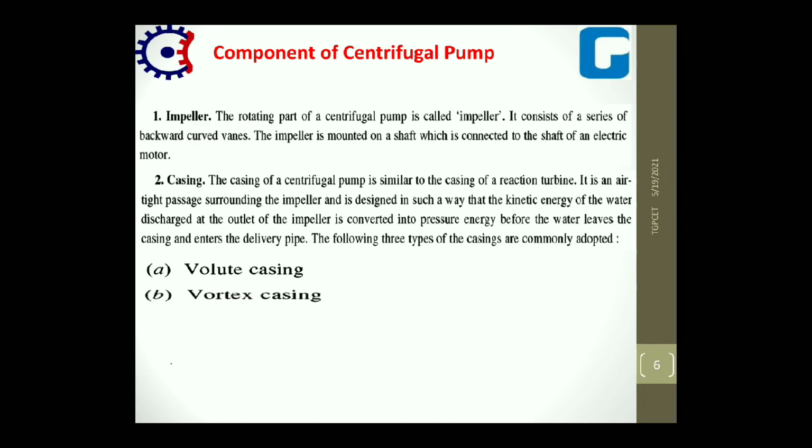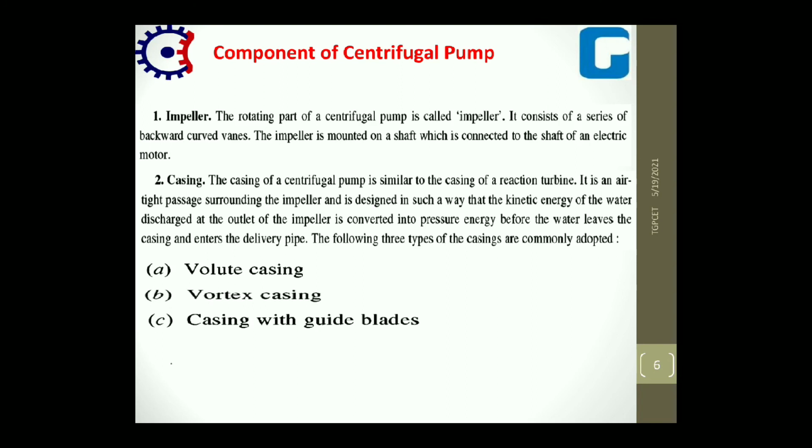Now third is our casing with guide blades. In this casing the impeller is surrounded by a series of guide blades mounted on a ring which is known as diffuser. The guide vanes are designed in such a way that the water from the impeller enters the guide vanes without shock.